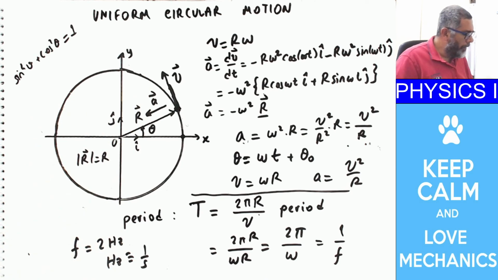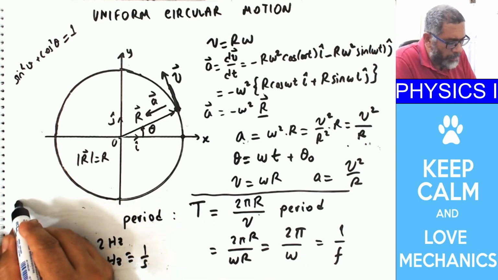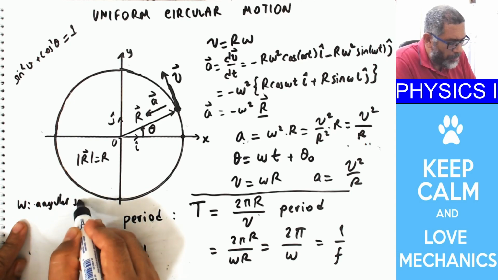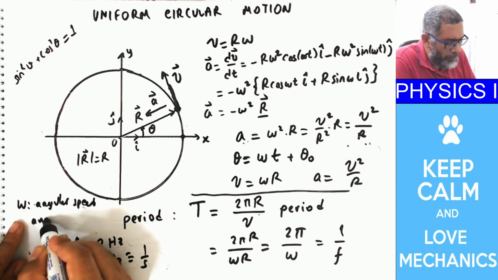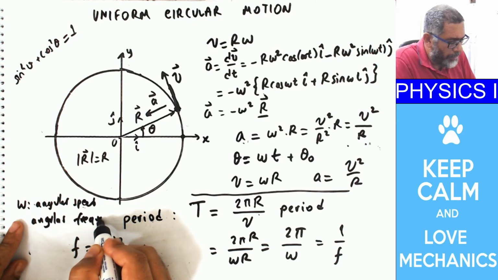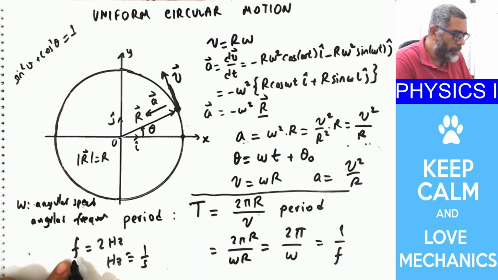Sometimes this omega that we defined as the angular speed is known as the angular frequency. And this f is called the linear frequency.